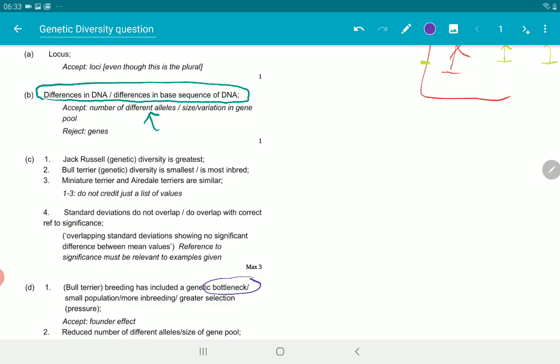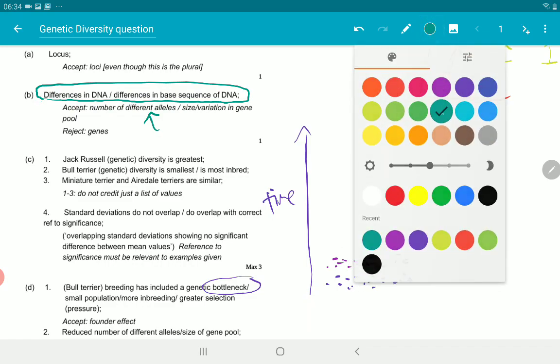So you've got your population. Maybe each of these different dots is a dog. And if we have time passing in this direction, they then give rise to the next generation. There they are. Happy dog days pass.